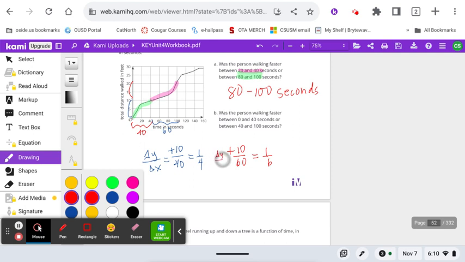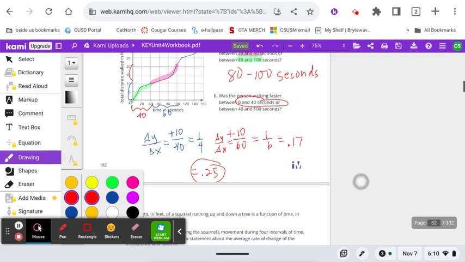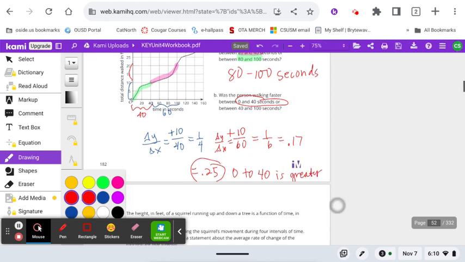So the change in y over the change in x, or the average rate of change, is 0.17 versus 0.25. So which one is greater? Still the 0 to 40 seconds is a greater average rate of change, is where they're walking faster, etc.